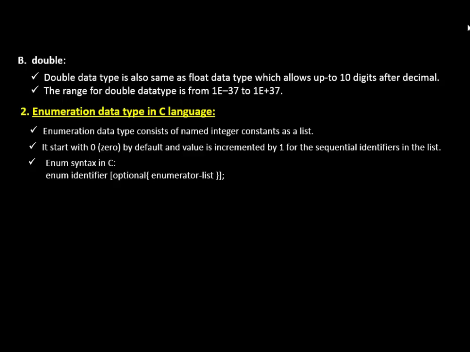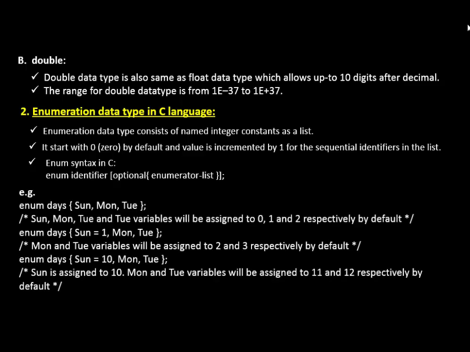For example, enum, the identifier is days here, in curly brackets Sunday, Monday, Tuesday, separated by commas. Here, we declare the variables, which will be assigned 0, 1 and 2 respectively by default.